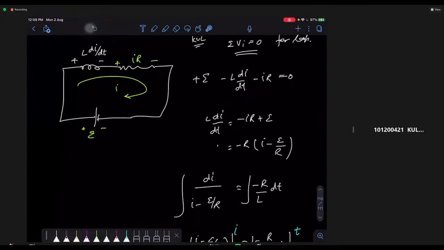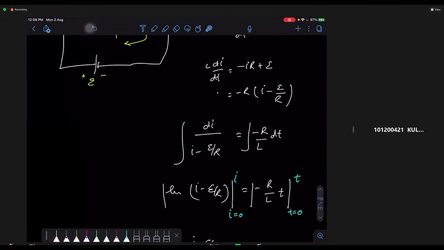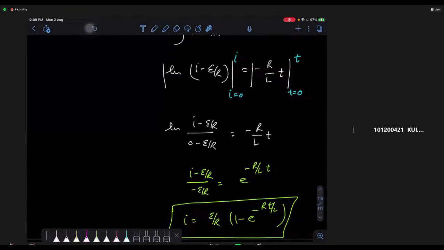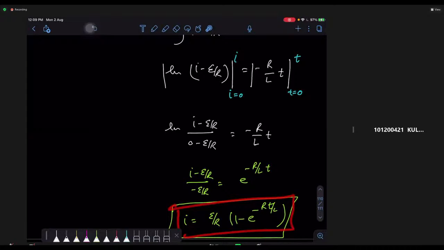If we separate the current and separate the time, we get exponential equations. This integration is a simple log integration, a dx by x type of integration. So what I get is that the current is exponential.